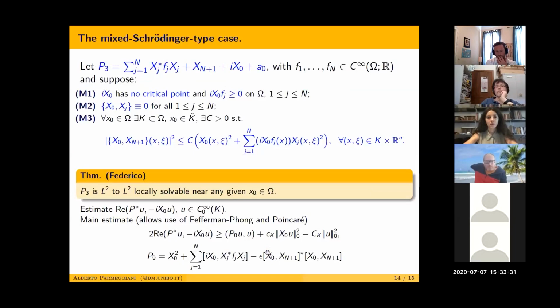And then there is also the mixed Schrodinger type case, in which again Xj must be real, and we have many functions. And then again, we have the simultaneous presence of X_{n+1} and iX0. This case was studied by Serena herself, in a single paper by her. In this case, again, iX0 should not have any critical points.